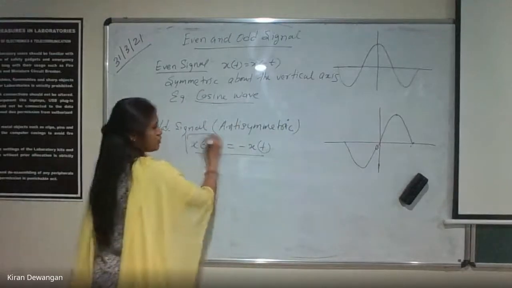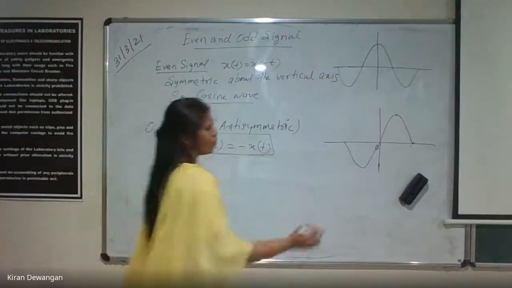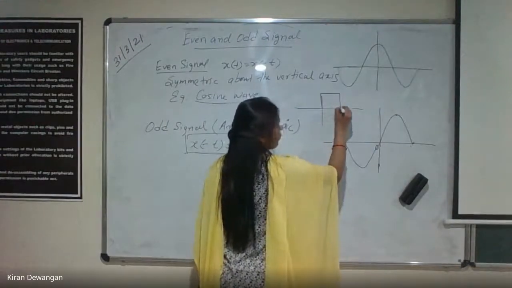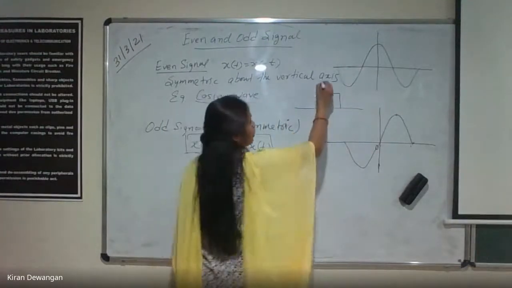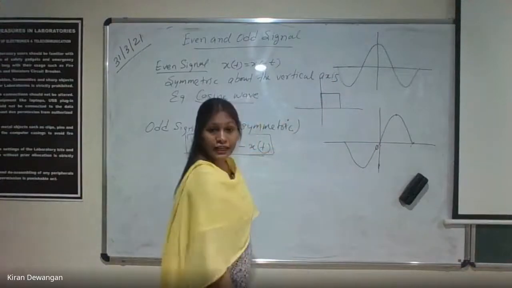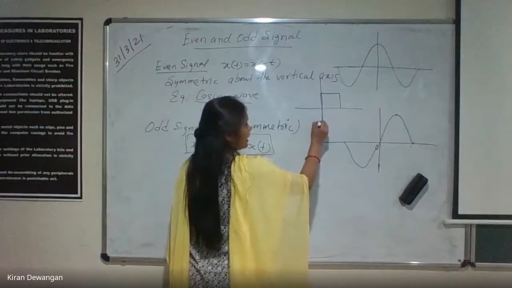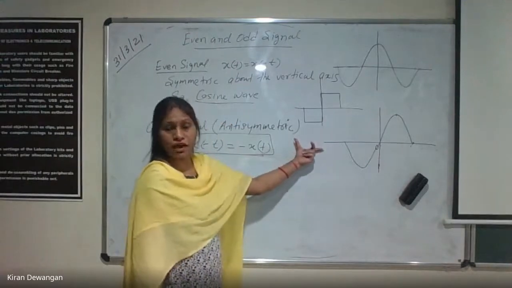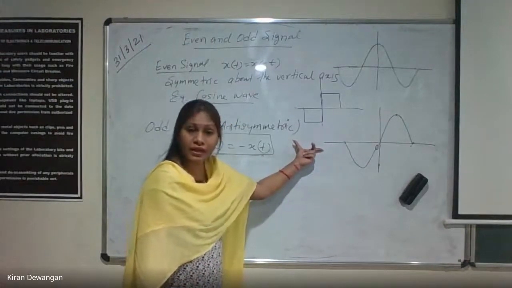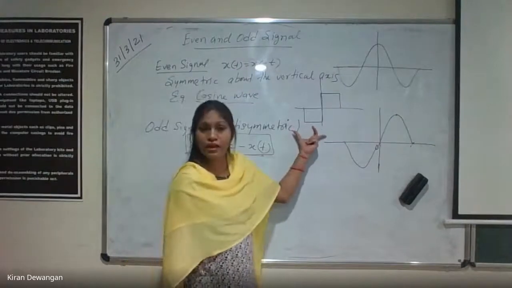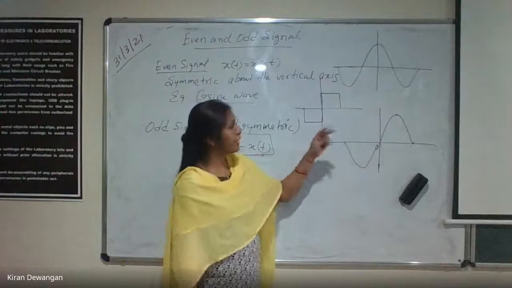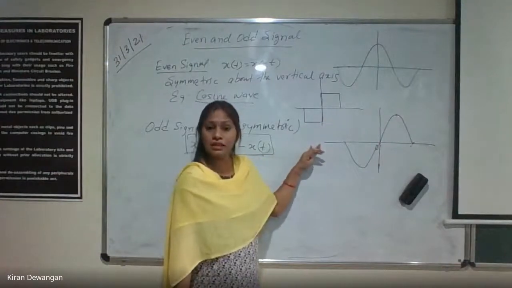This has to be satisfied. Meaning, if my curve is like this for positive t, then for negative t it should be on the negative side, that is the amplitude should be negative. Are you getting my point? For minus t, that is for negative values of t, the amplitude should be negative. Clear? Then we can say that the signal is an odd signal.